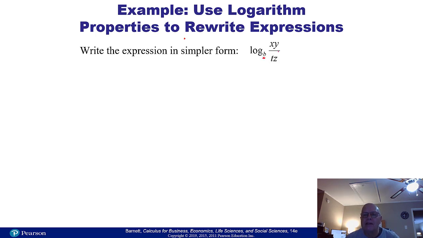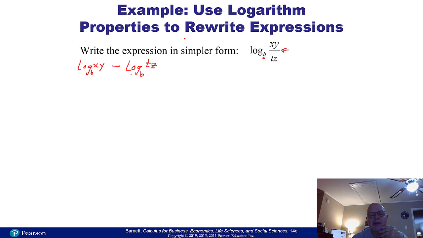So one of the first things I can do, it doesn't have to be in the same order as someone else does, but I notice that I've got a quotient because of that fraction bar. So the first thing I can do is rewrite that as log xy to the base b minus, because I've got the quotient, log base b of what's in the denominator, tz.